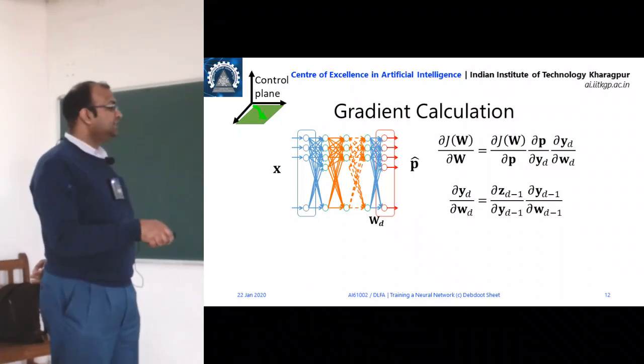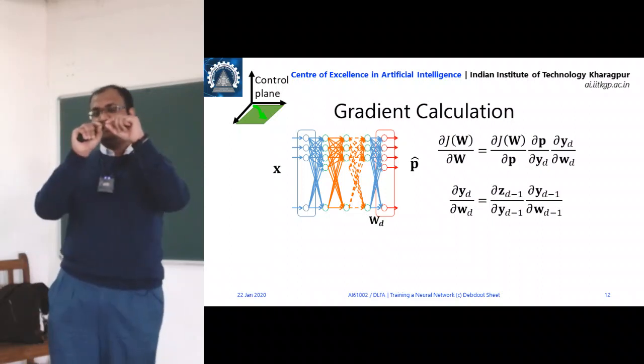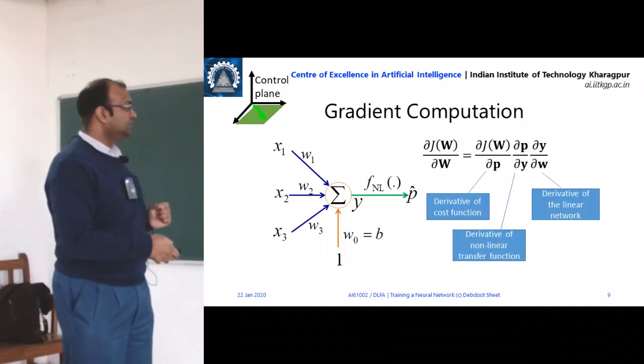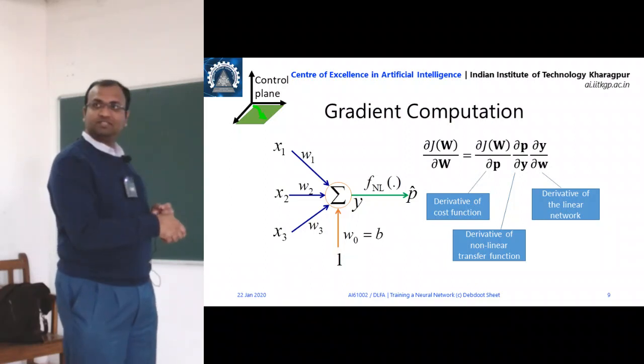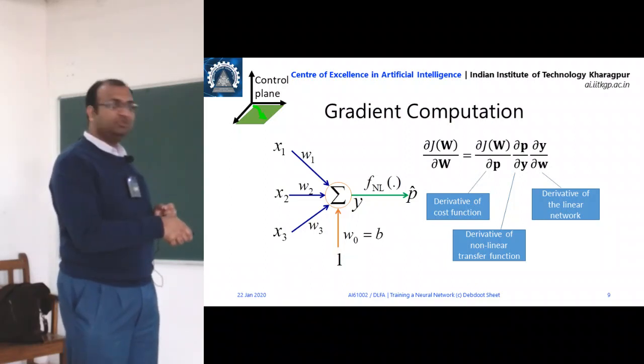So my point is, what I am trying to do over here is this. So y is the output of this summation. Then you have a nonlinearity and you get p.